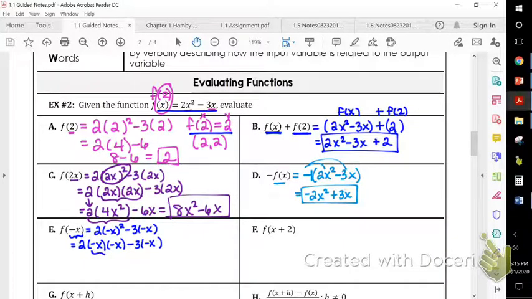I'm going to go ahead and multiply those parentheses, the squared part, together. So I'll bring down that 2. And negative x times negative x is a positive x squared. I'm going to go ahead and multiply them, and that gives me a plus 3x. And then all I have left is this 2 times x squared, so I get 2x squared plus 3x. Can't combine them. Those are not like terms.